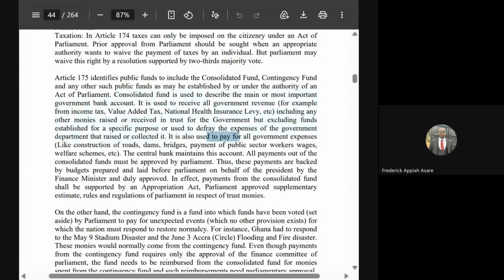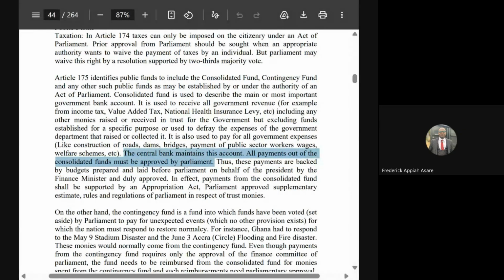It is also used to pay all government expenses. That is what the fund does. As it receives all funds, all payments or expenses are also taken from the fund. The central bank maintains this account. That is the Consolidated Fund. All payments out of the Consolidated Fund must be approved by Parliament.